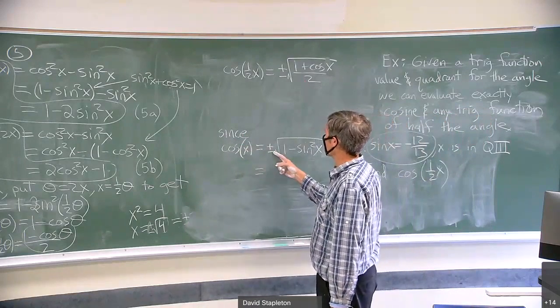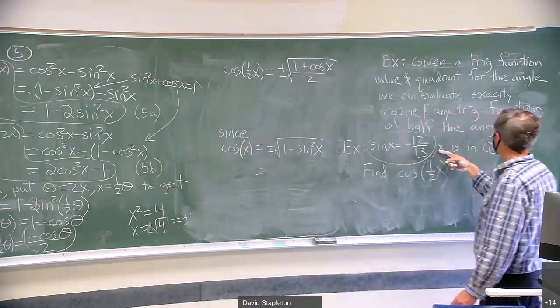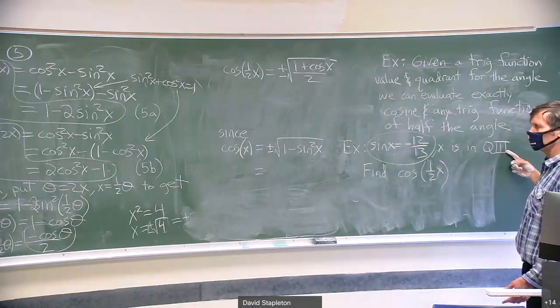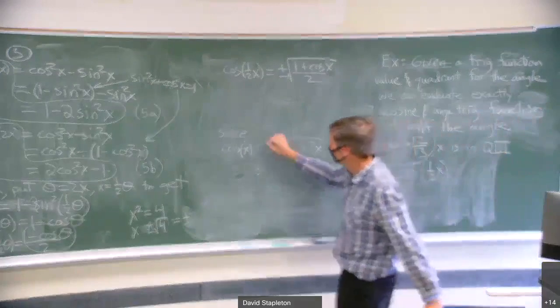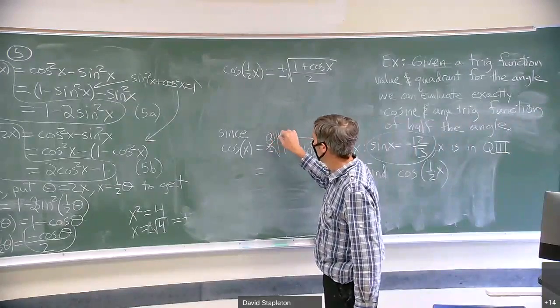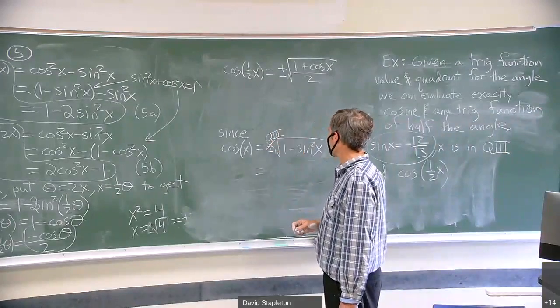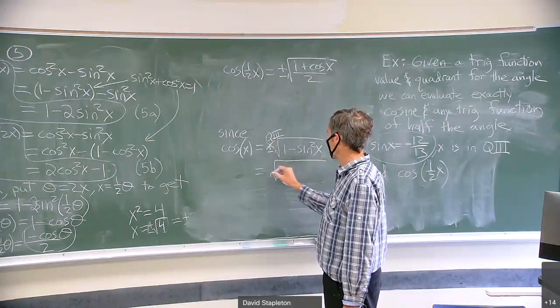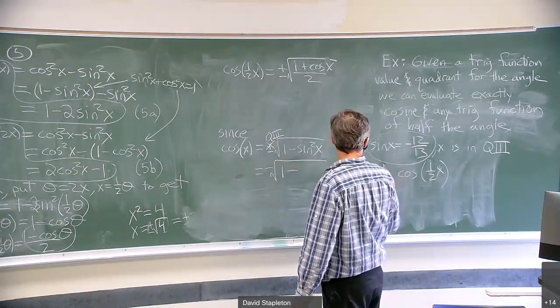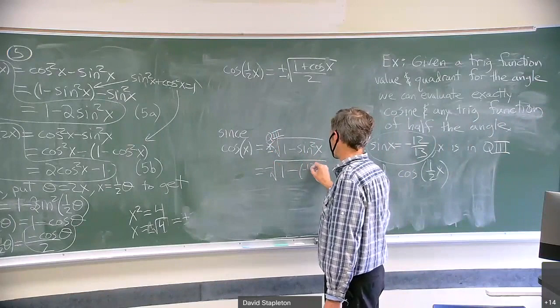Is it plus or minus? X is in quadrant 3. Sine and cosine are negative in quadrant 3, so it's negative this time.